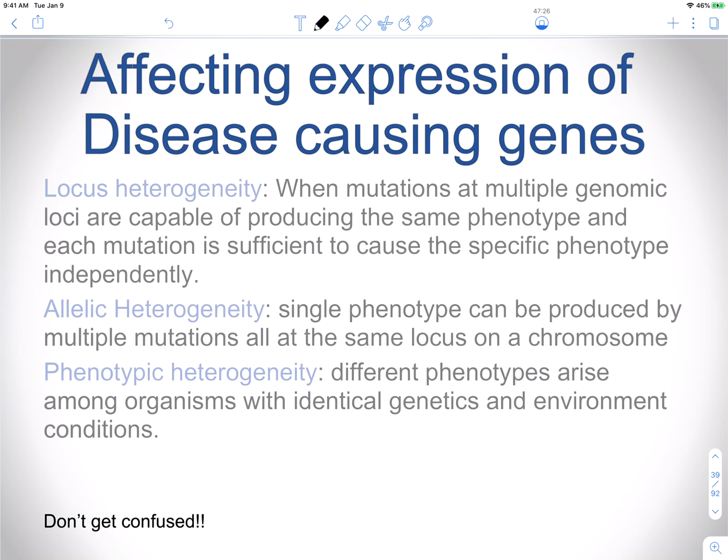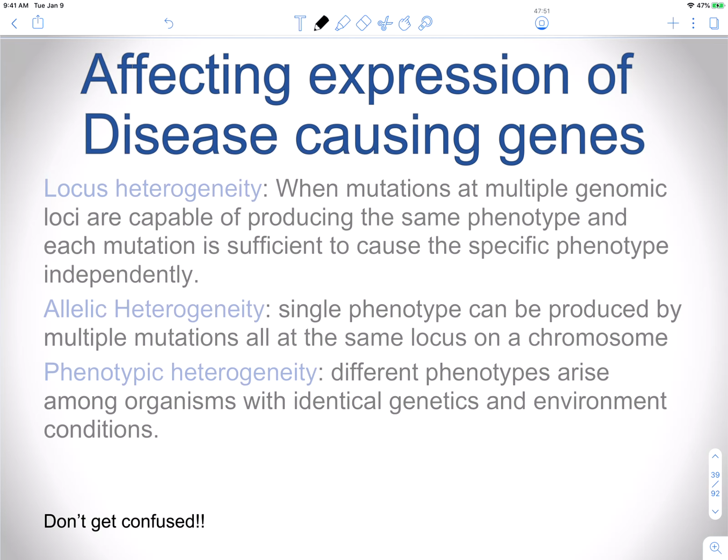Allelic heterogeneity is when a single phenotype can be produced by multiple mutations all at the same locus of a chromosome. So that means you have a single gene, the cystic fibrosis receptor gene, for example, that can be mutated at many points and lead to the same phenotype. Phenotype heterogeneity is where different phenotypes arise with identical genetics and environmental conditions.